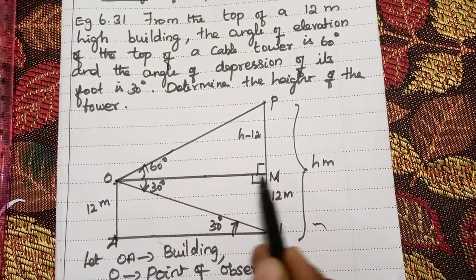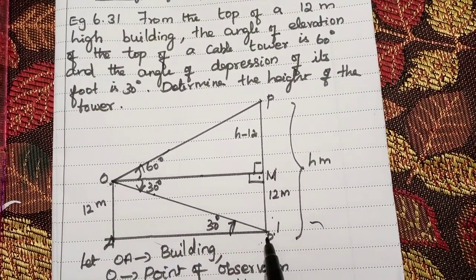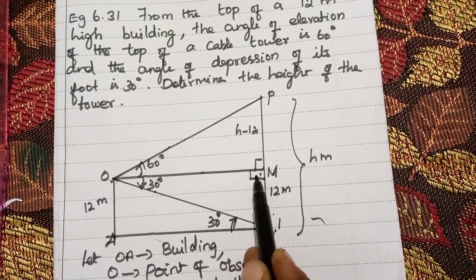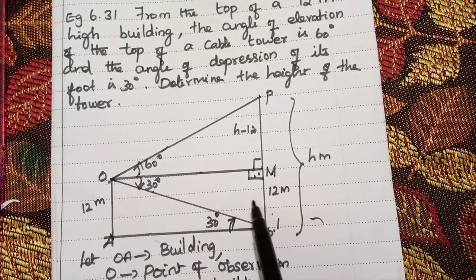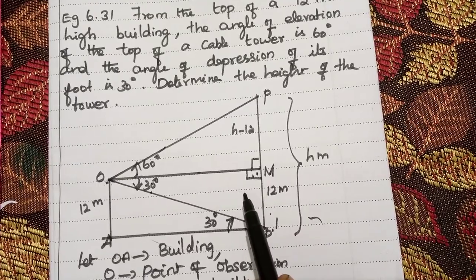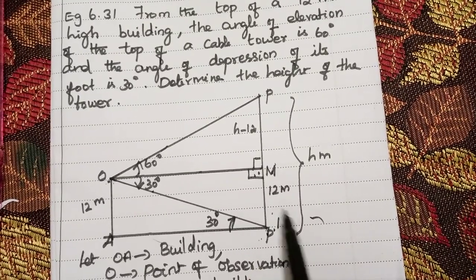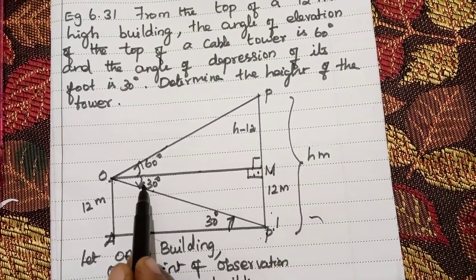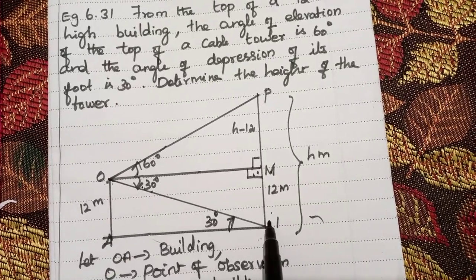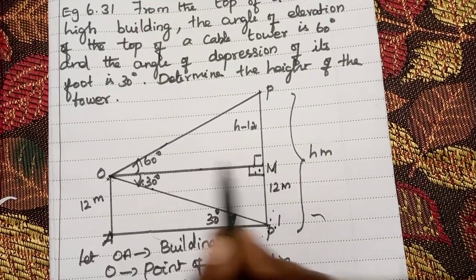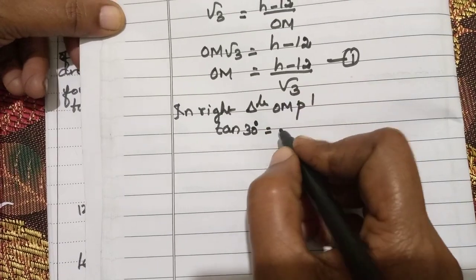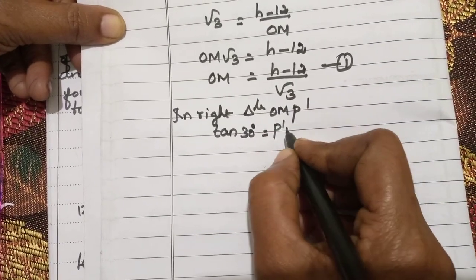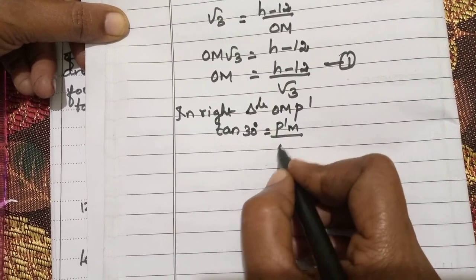In right triangle OMP', here is the 90 degree. So what is the tan formula? Tan theta is equal to opposite by adjacent side. Here theta is here, so the opposite side is P'M and the adjacent side is OM. Let's write that: P'M by OM.